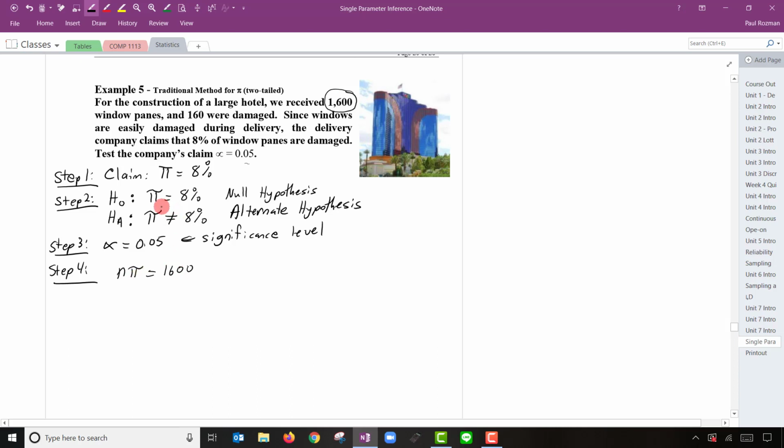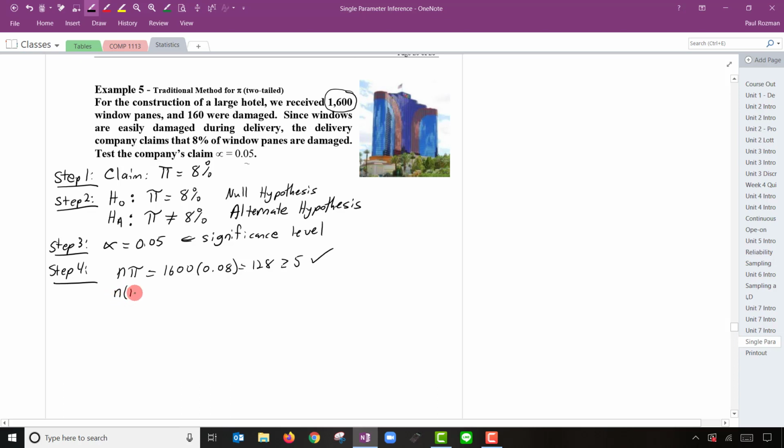And we're assuming the null hypothesis is correct, so we get to use that value in our calculation. 128 is greater than or equal to the magic number 5, so that's okay.